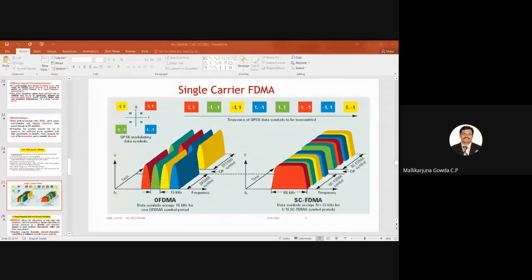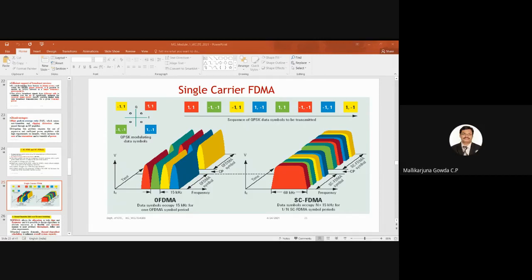Yes, what about Saujanya? Yes, sir. Can you interpret your understanding about OFDM and SC-FDMA looking at the diagram? Sir, I could also tell the same thing as what Deepak told. You can repeat, but you don't have to say what Deepak told.